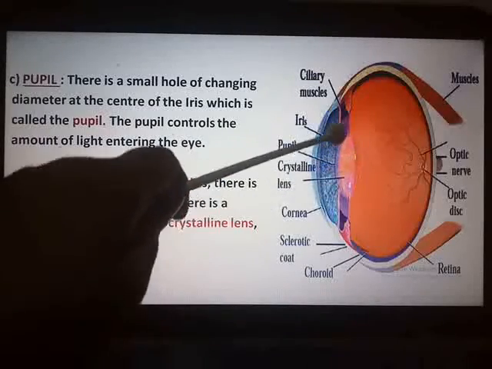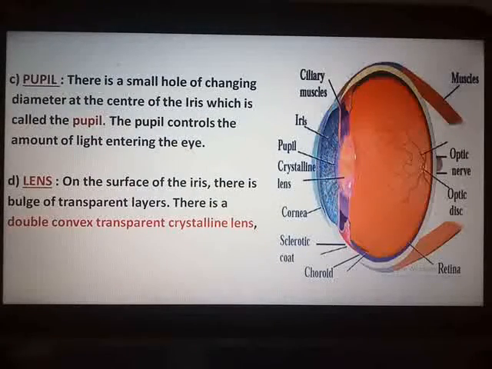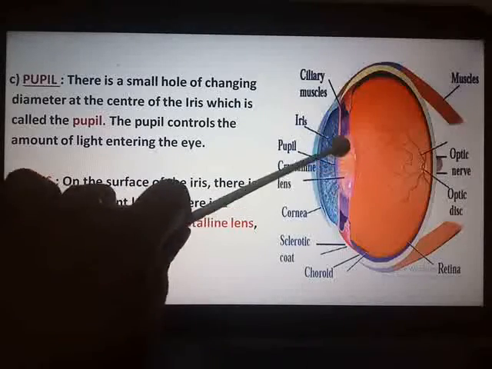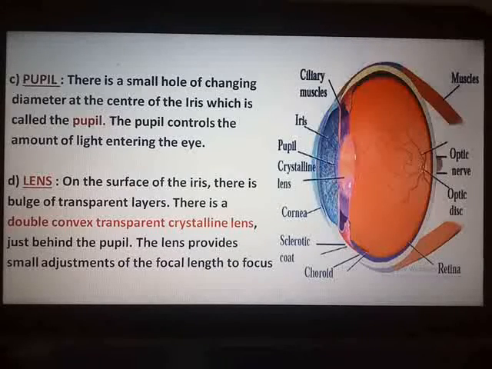You can see here, this is the lens which is being held by the ciliary muscles, just behind the pupil. Its main function is to provide small adjustments of focal length to focus the image, and this is the lens which creates a real and inverted image of an object which you see. That real and inverted image of the object is projected on the screen inside the eye, which is the next part of the eye which we are going to study.